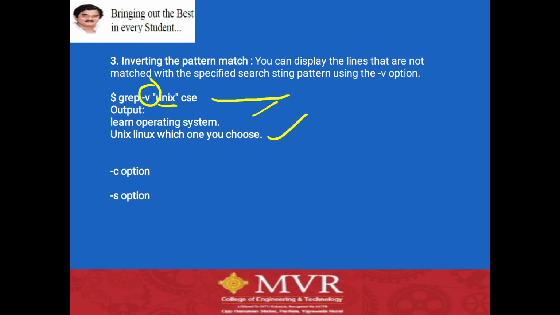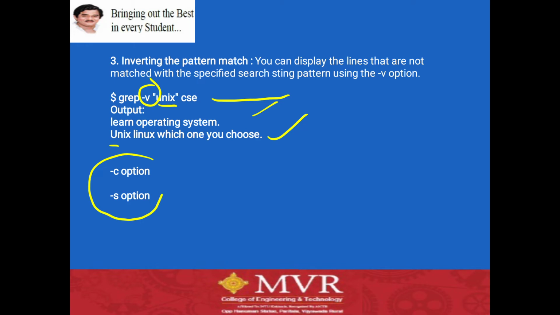So here what happens, grep will not display the lines which are matched, it will only display the lines which don't match the given pattern. Got it? The second line is displayed because it doesn't have Unix, and the third line is displayed because it is having Unix but it is not matched with respect to the case, because we have given a small u and here we are having a capital U, that's why it's displayed.